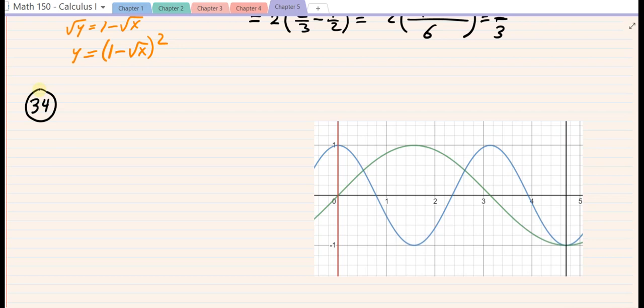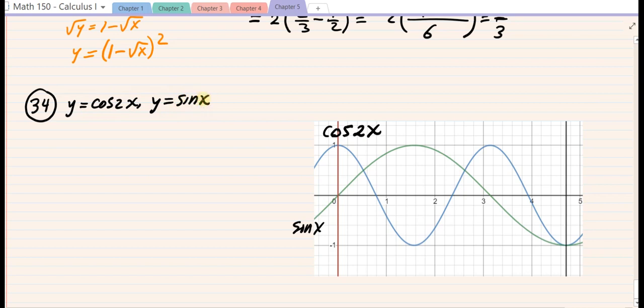The red one is the graph of sine x, and the one next to it in purple is cosine of 2x. The equations are y equals cosine 2x, y equals sine x, and the region is bounded between x equals 0 and x equals 3 pi over 2.